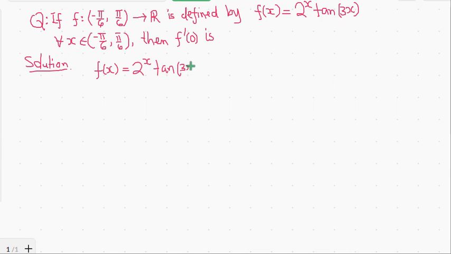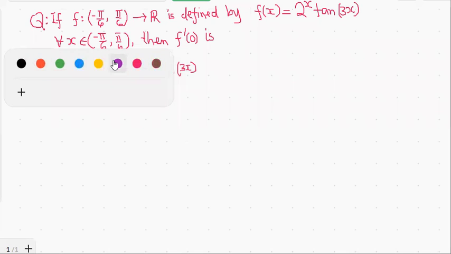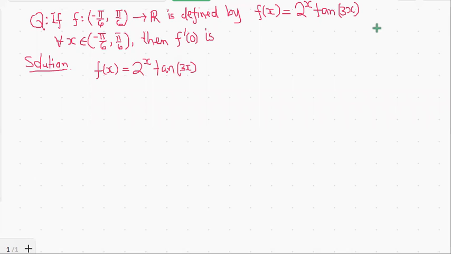Like I said earlier, this is a product function. So meaning we are going to use the product rule to solve this question. Let's quickly recall the product rule. The product rule states that if y is a product function, uv, where u and v are both functions of x, then y prime will be equal to u v prime plus v u prime.